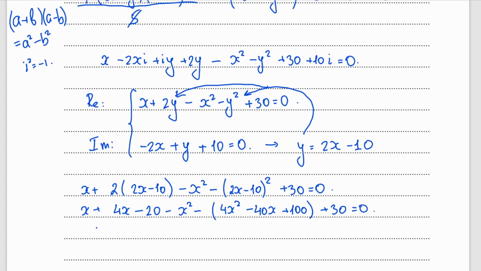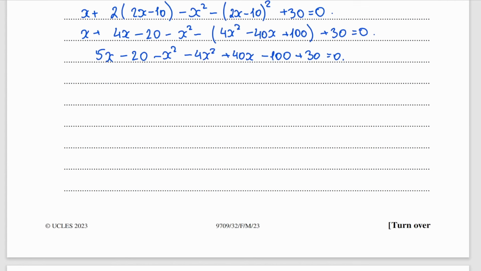Now let's start combining the like terms. x and 4x will be 5x. And combine the remaining like terms. Let's divide both sides by -5.